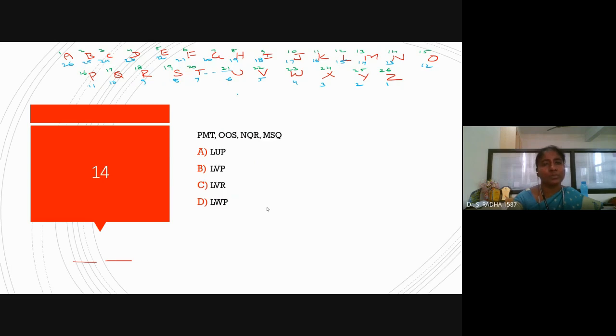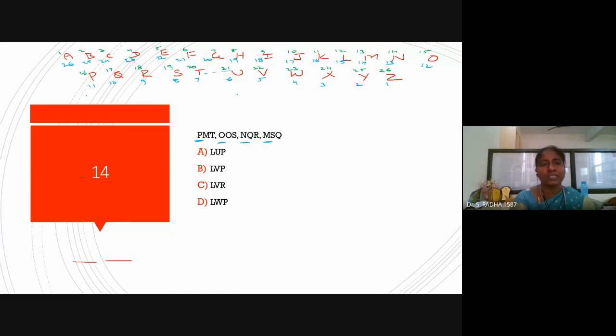I'm going to the next problem. PMT, OOS. Let me check where this is. If you observe, take the first letter: P, O, N, M in the alphabets at the top of the page.